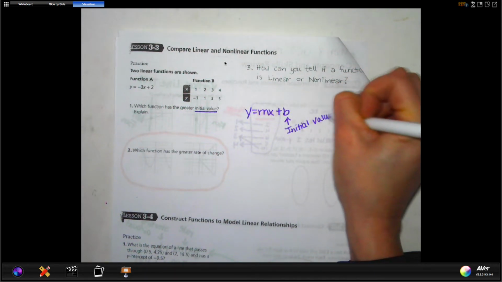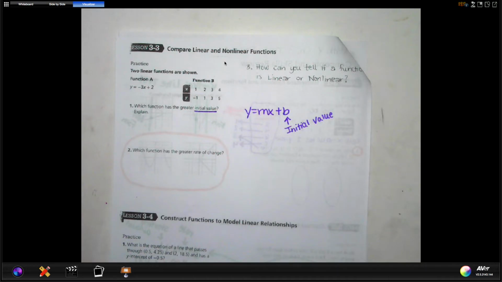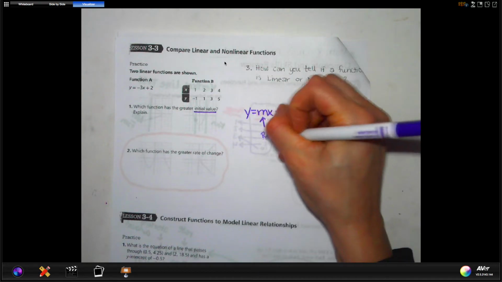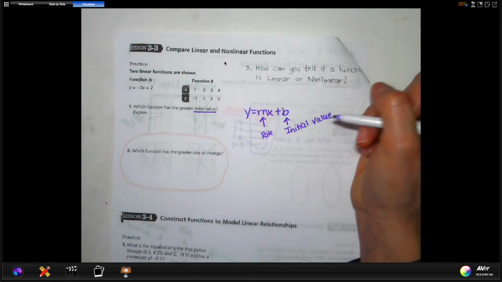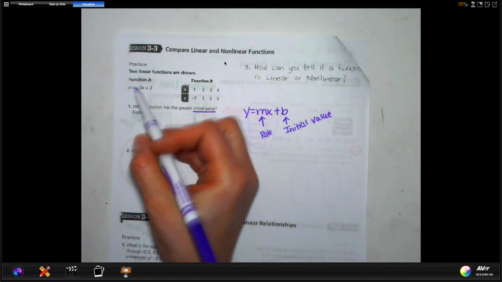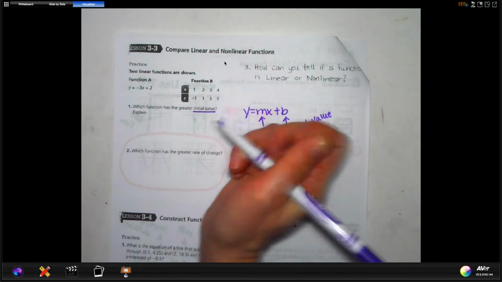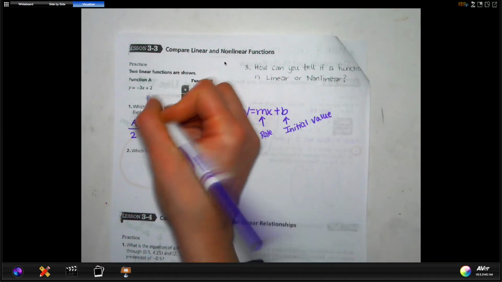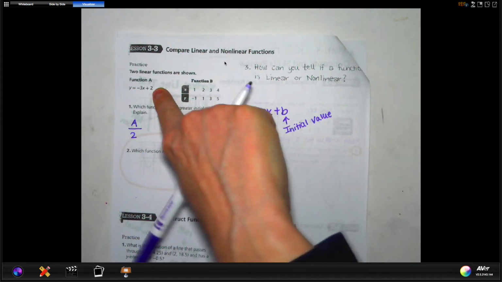And so we really have to be careful about reading the question on this part, okay? And m then is going to be the rate or the slope. So in this case, function a's initial value is 2. It's the b value, not next to the x.